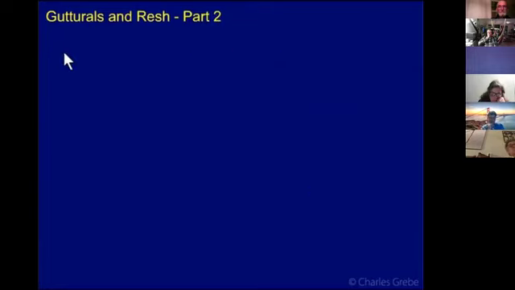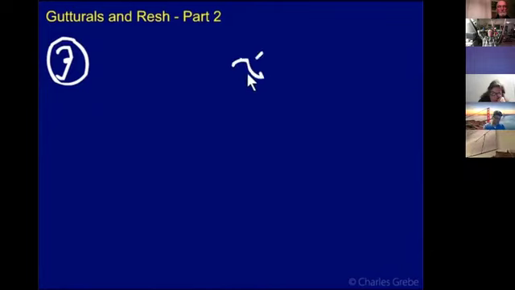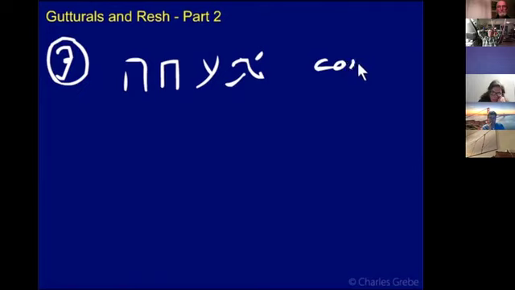The third point is a reminder. We already talked about this earlier, and that is that the gutturals take composite shava. So aleph, ayin, chet, and hey will take a composite shava or compound shava rather than a simple shava.